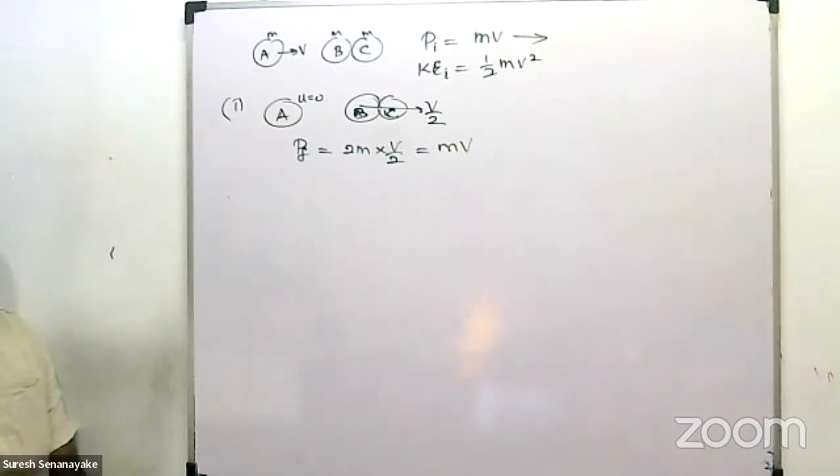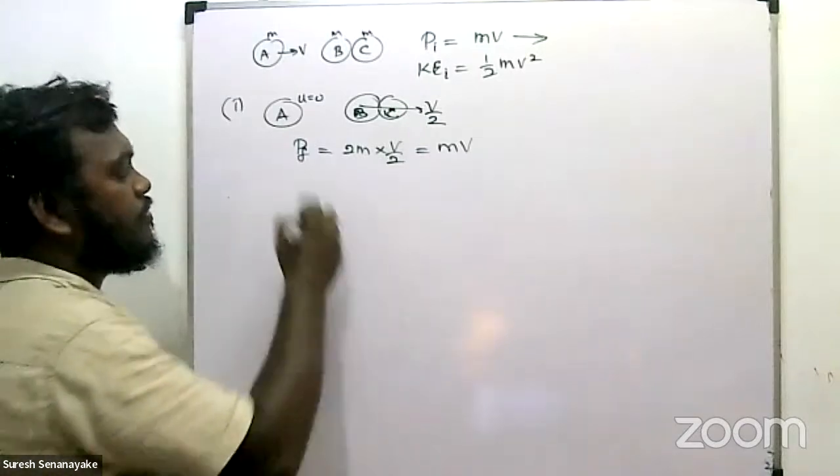Wow, momentum is conserved, right? But can we say this collision happened? No, because another condition should be there. They given that collisions are elastic, on a smooth surface with no energy loss.